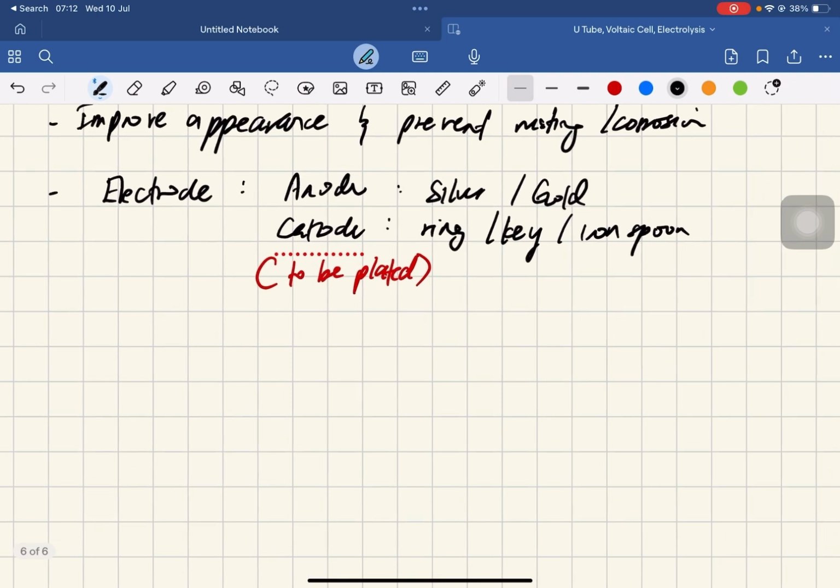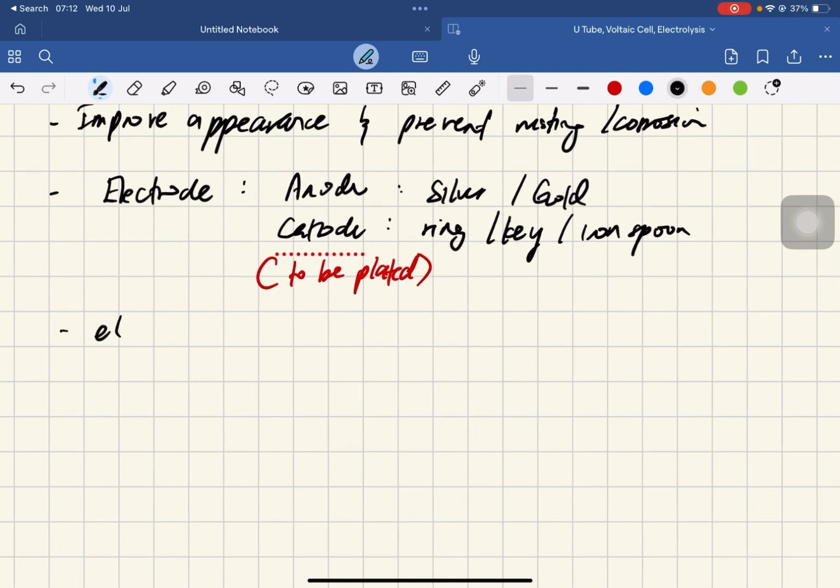Now our electrolyte. Always misspell my electrolyte. Okay, electrolyte, you follow the anode's material. Let's say you want to use silver at the anode. So the electrolyte must contain silver. I suggest, just pick any. Silver nitrate or silver sulfate, doesn't matter.